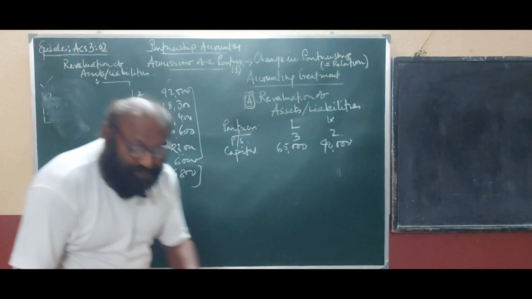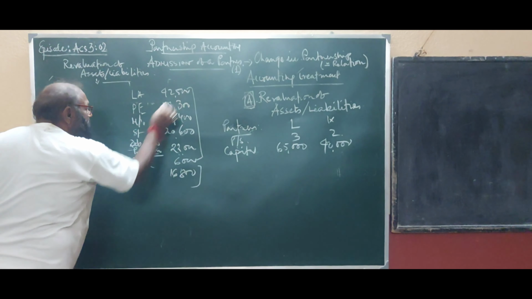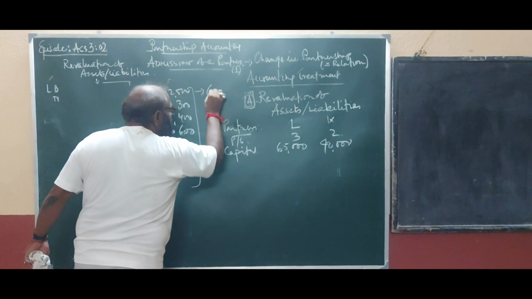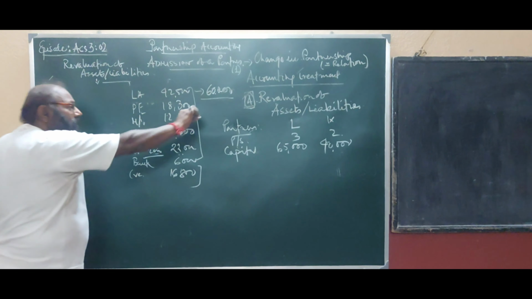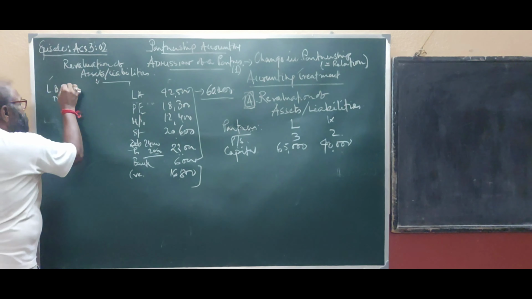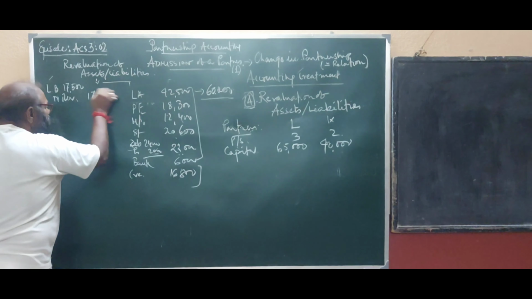What is the value of land and building? It is 42,500. So how much should land and building be? It should be 60,000. So in order to enhance to this level, what would be the appreciation? It will be 17,500. That is appreciation in the value of land and building.